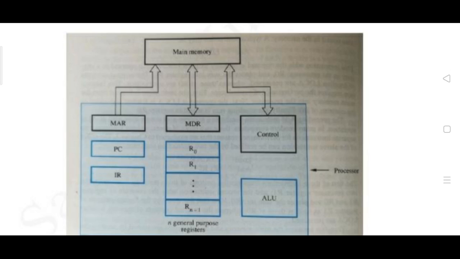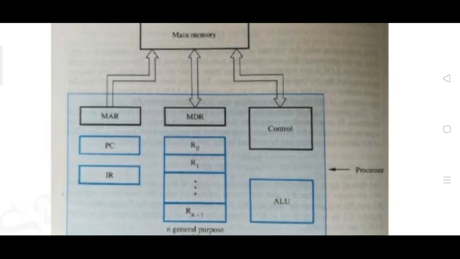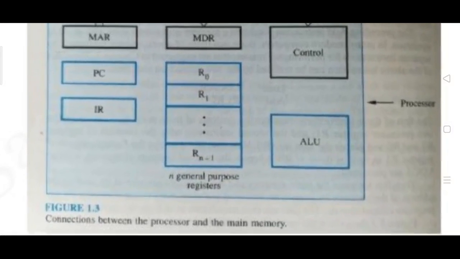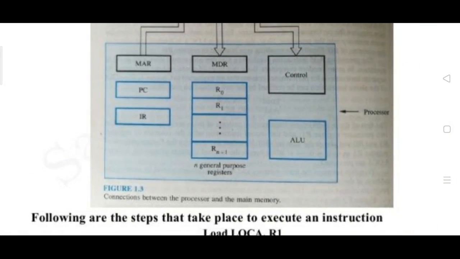So MAR, PC, IR and MDR are called special purpose registers, whereas R0, R1 till Rn minus 1, which I am highlighting here, are called n general purpose registers.